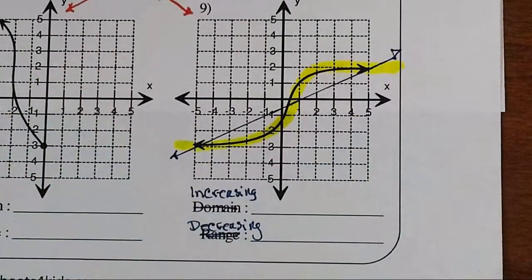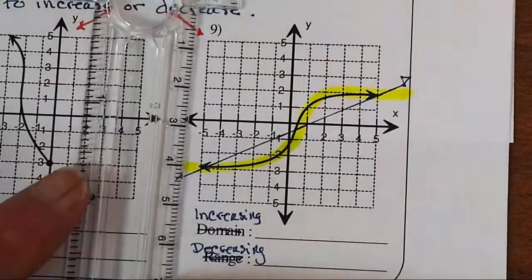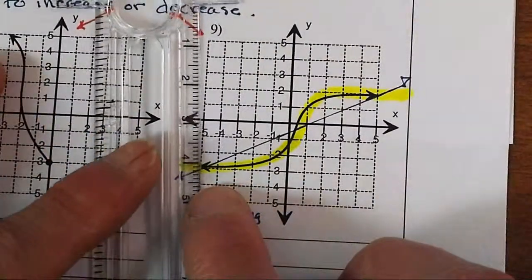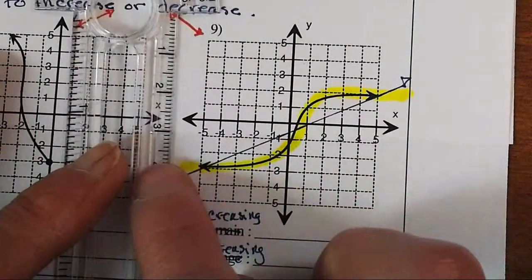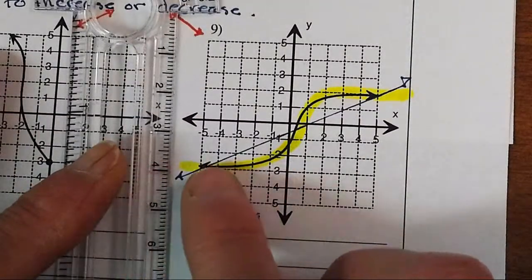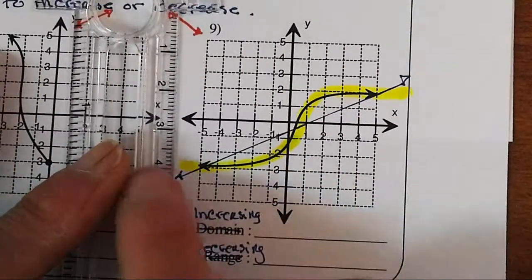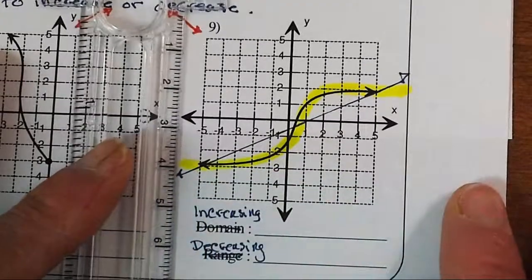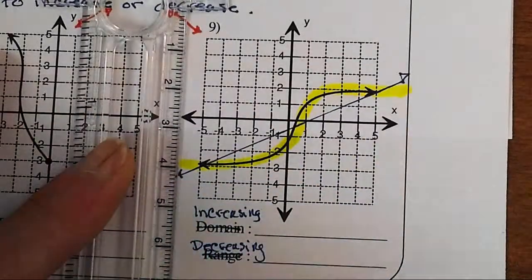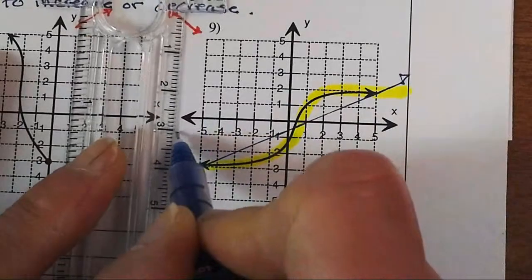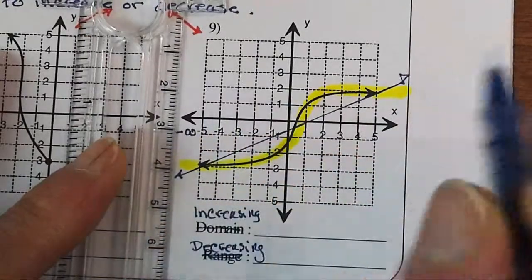So then let's look at our increasing interval. Where does it start and where does it end? If I'm going to start at the far left, remember it doesn't start here at -5. This is going forever to the left, and it's just such a slight coming up, so it actually starts way out here. Way out here is actually -infinity.